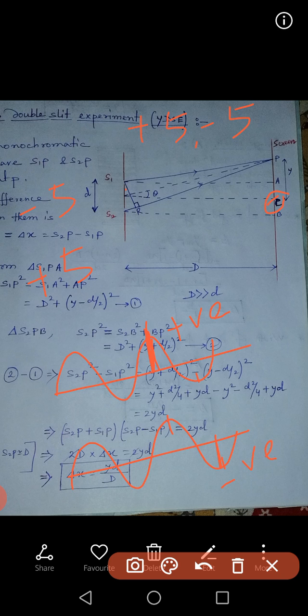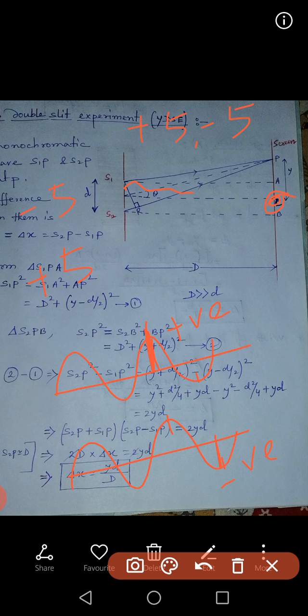Now if the crests from both the waves meet at point C, what will be the total intensity at point C? +5 from one wave, +5 from another wave, the resultant is 10. So 10 is not equal to 0, right? If it is 0, then this point will be a dark one. If it is non-zero, plus or minus, this point will be a bright one.